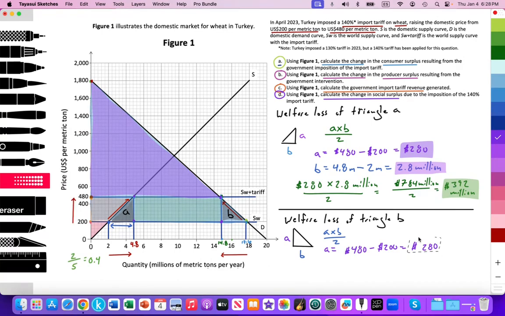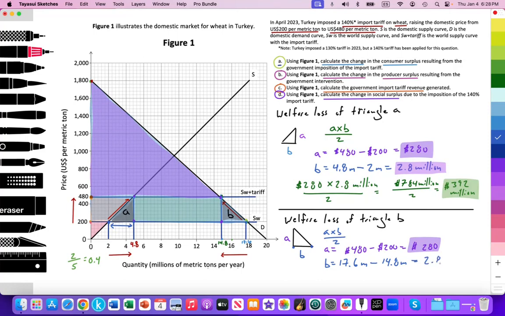So we have that. Then we'll figure out the base of B. B is equal to here and here. 17.6 million minus 14.8 million. 17.6 M for million minus 14.8 M for million. That works out to 2.8 million.